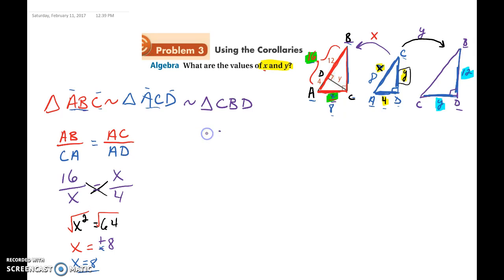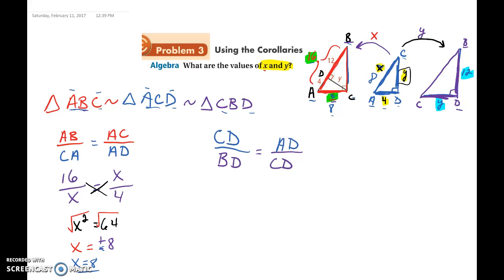I'll put that in blue since it's the blue triangle. So it's CD, and in the purple triangle, that corresponds with this side over here, BD. The only other side I know in this purple triangle is this side down here, so I have to make sure that I have it over top of CD. What corresponds with CD in the blue triangle? CD's first and third, AD's first and third, so I know AD has to correspond.